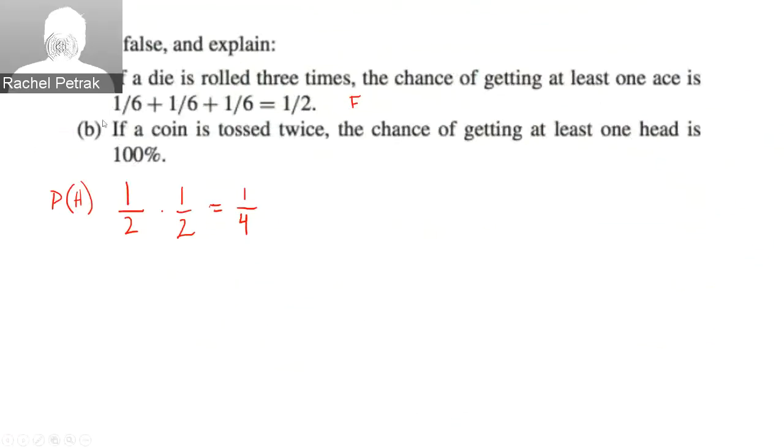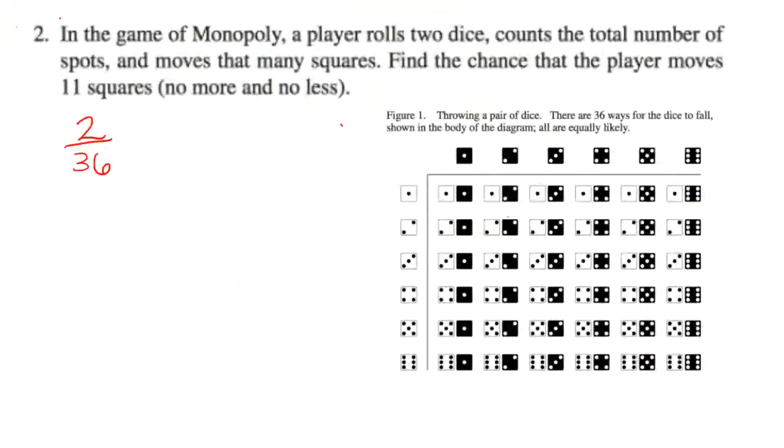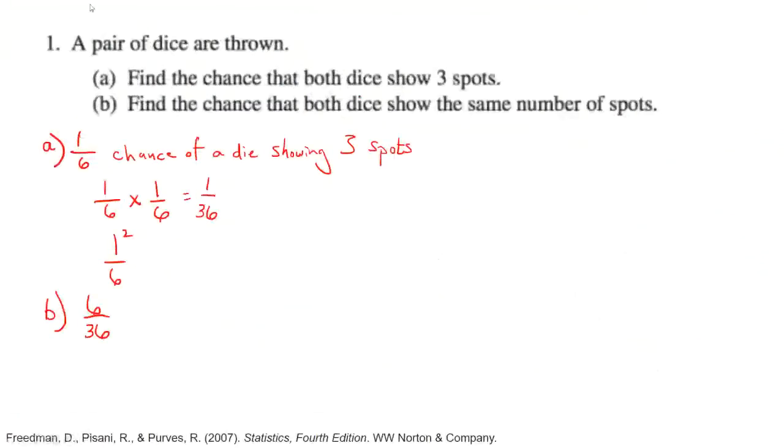And true or false questions like we see in number 3, where you need to remember that each die roll is an independent event, or discriminating between independent or mutually exclusive events, and figuring out these basic ideas of the chance of showing particular dice patterns.